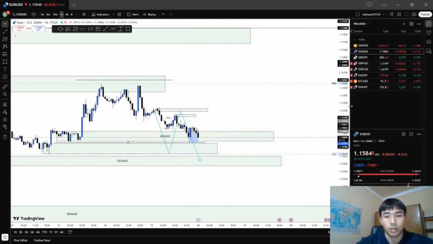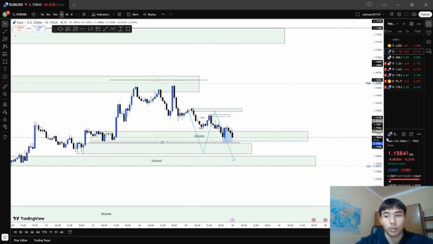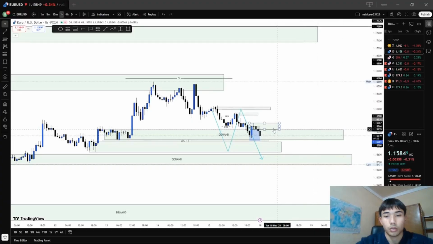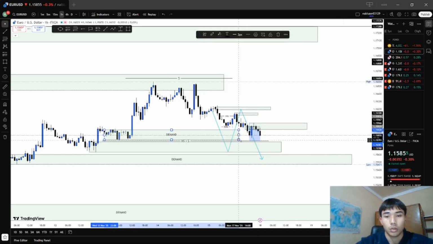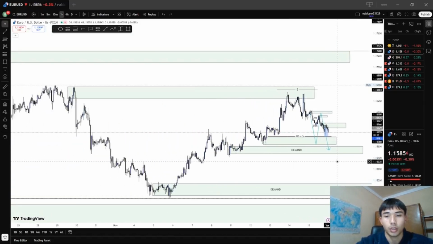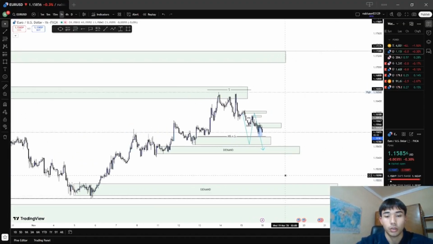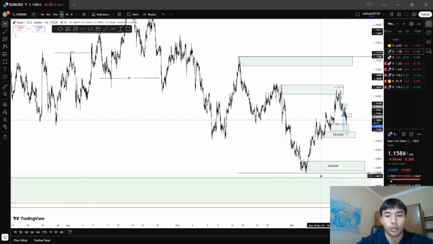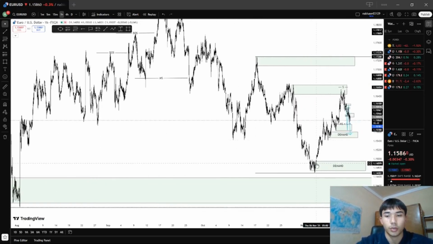We are going to wait for the price to go either way, for our supply zone to get hit and start continuing the downward trend, coming right around here.